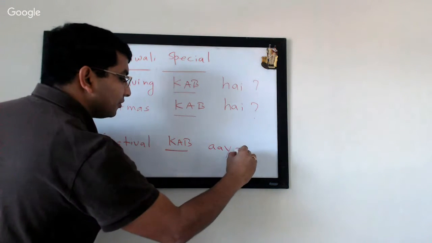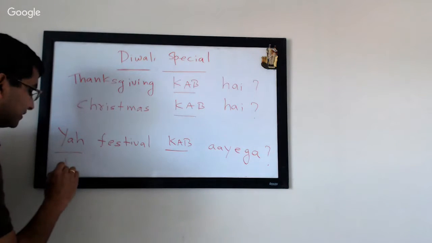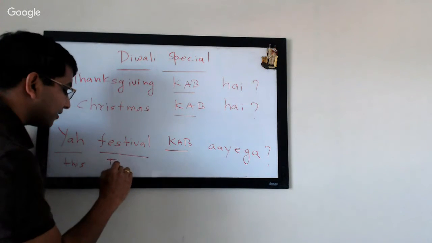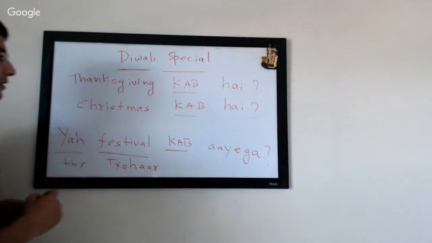Let's say you're talking to someone in a different country. यह is this. You can say either festival or त्योहार, right?